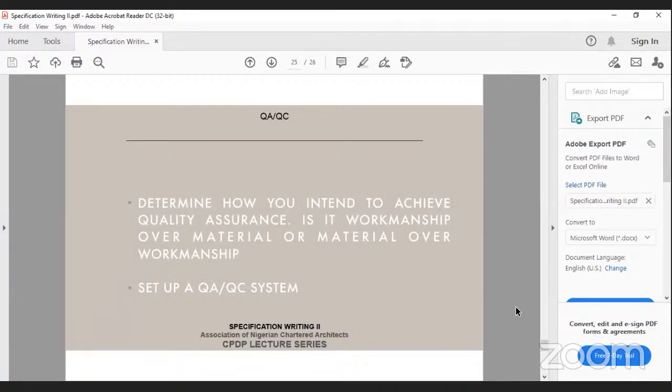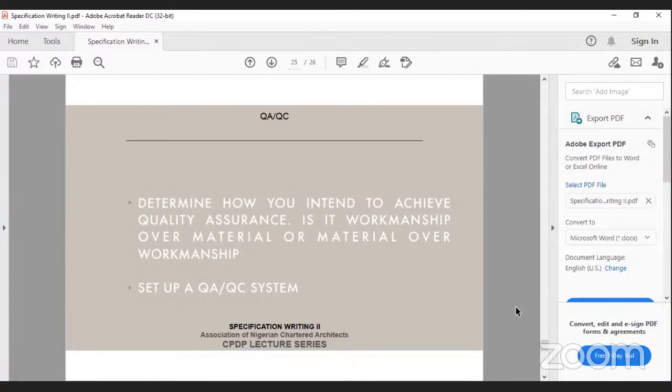We also mentioned that there's what you call a project manual.